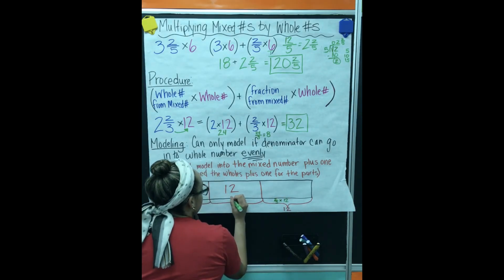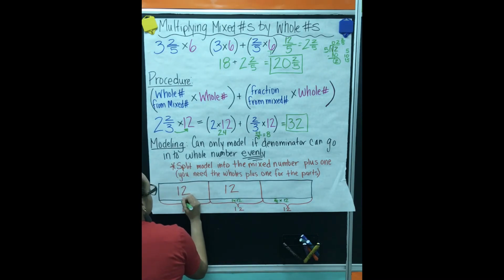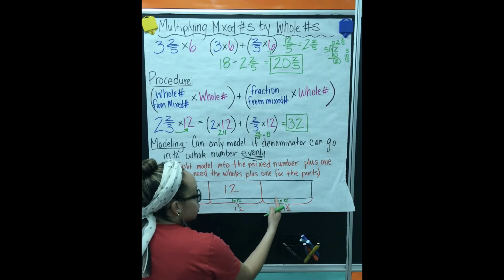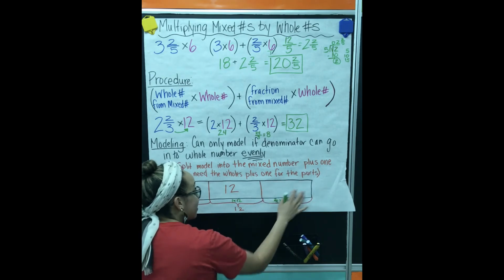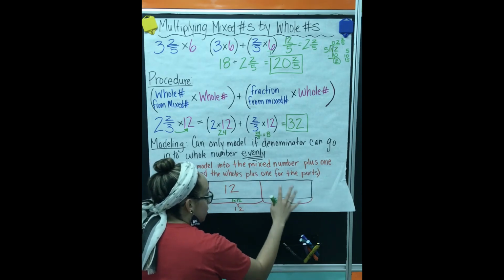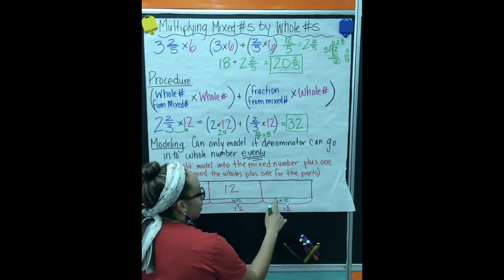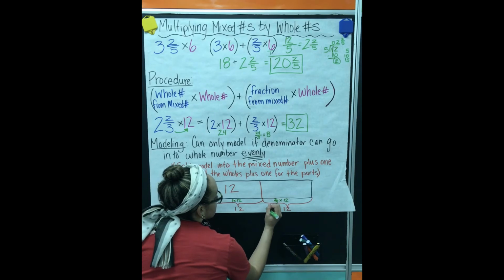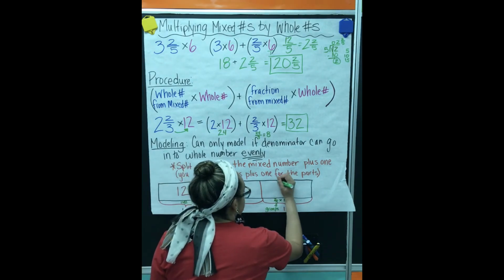The 1 times 12 and 1 times 12 is 2 times 12. Well, what do we need to do? We have to split this now because this part is a whole. Just like when we have a fraction by a whole number, we have to split this into our denominator. And our denominator is how much? This is our groups. That's going to be 3.